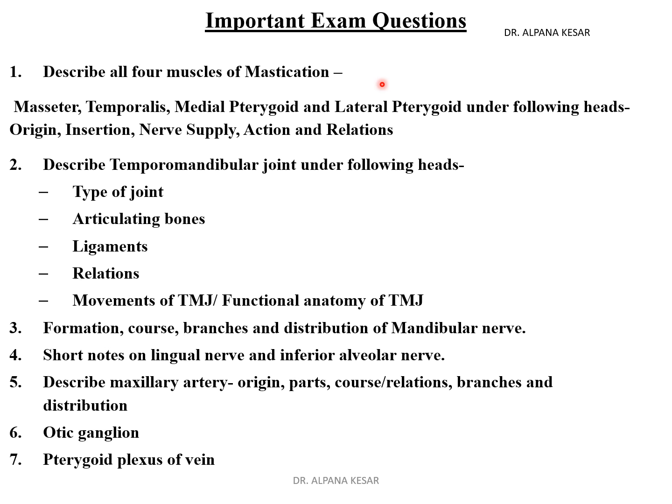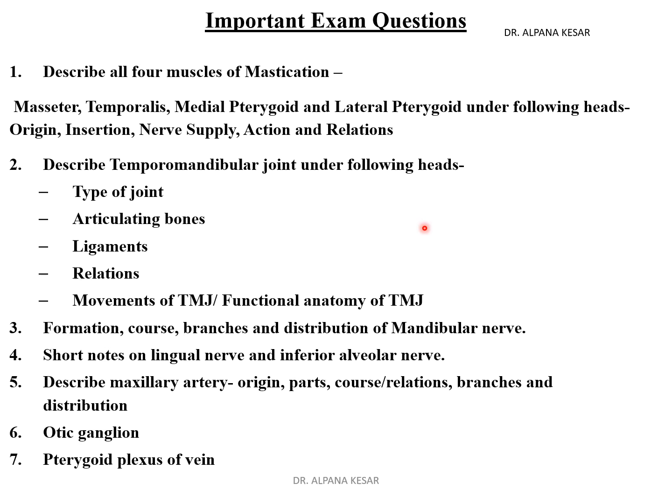Sometimes a single muscle may be asked, such as say lateral pterygoid, which must be described under the same subheads, that is origin, insertion, nerve supply, action, and relations. Sometimes simply enumeration of the muscles of mastication may be asked.